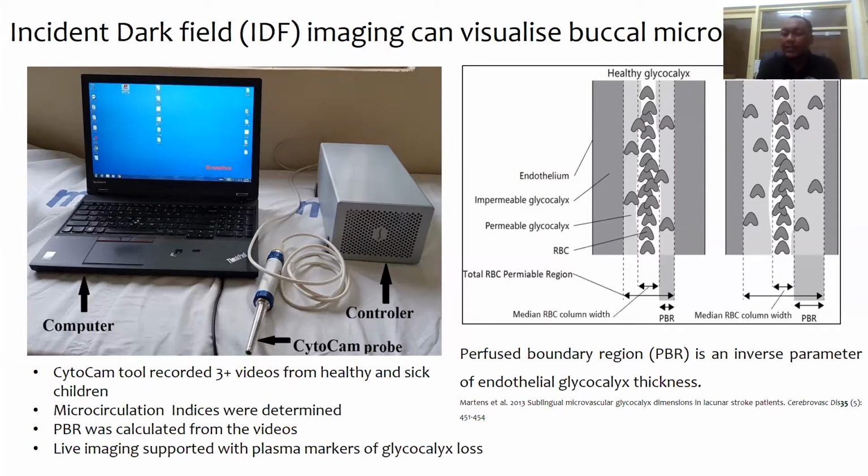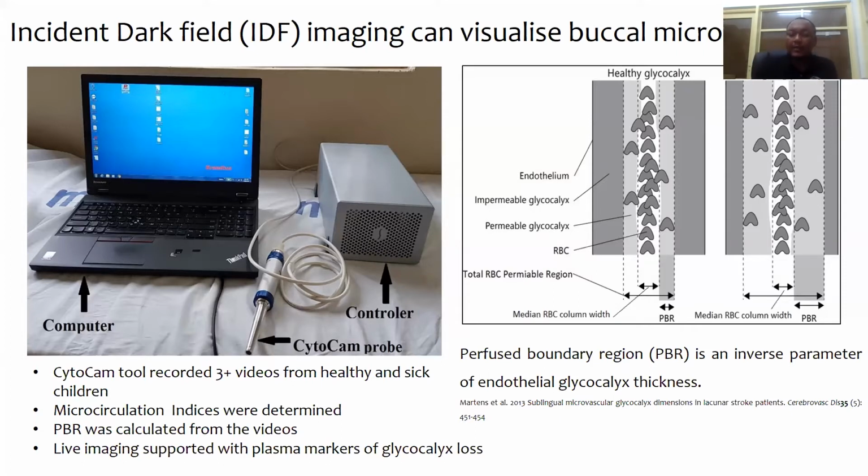On your right side, you'll see the perfused boundary region is the median column of blood flow. When a child or anybody is infected with a disease, the Glycocalyx will be eroded, and then the PBR will be widened. And sometimes also the blood capillaries will rupture and cause hemorrhages or other things.